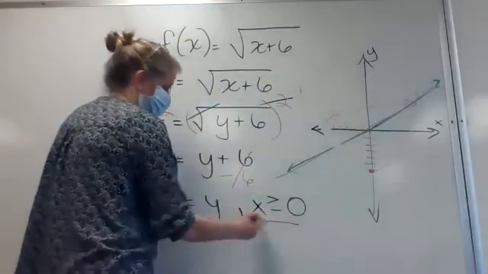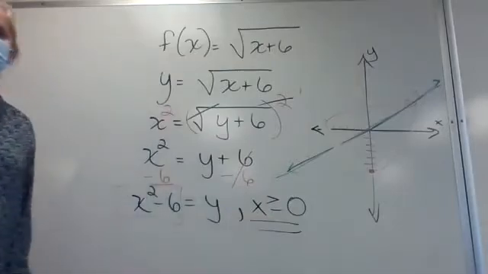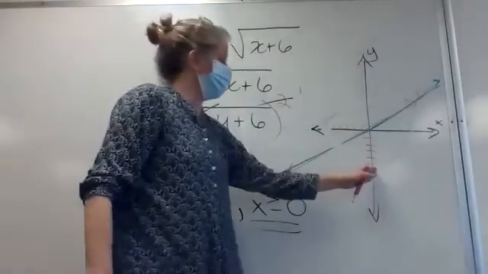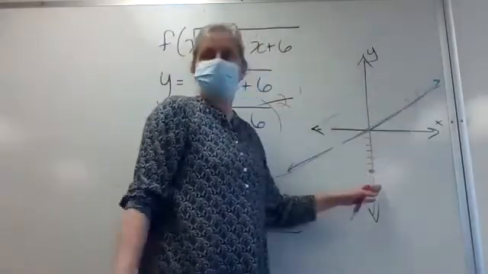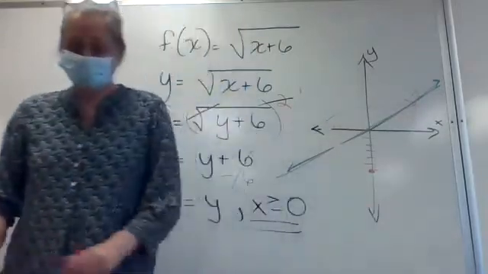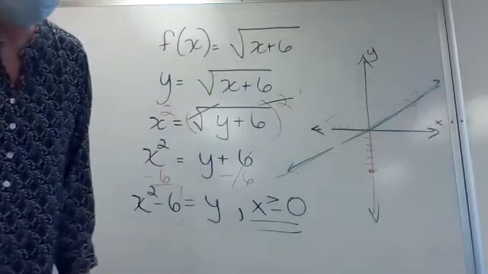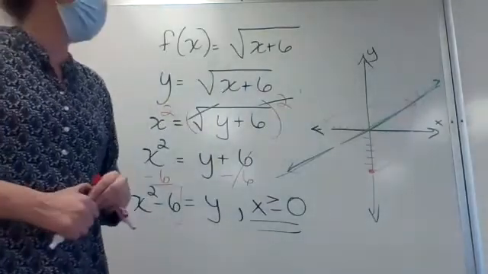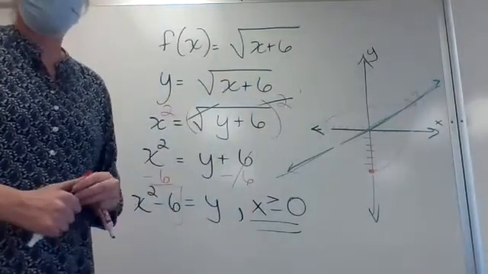So that's what this statement means: only the part of the parabola where the x's are greater than 0, which just means positive. Oh, that's kind of confusing. I'll try to think more on a better way to say that.